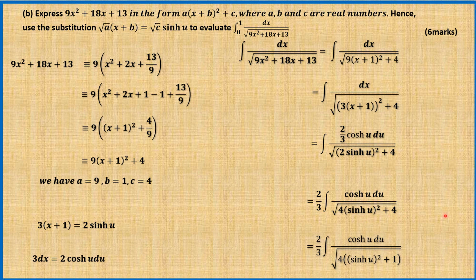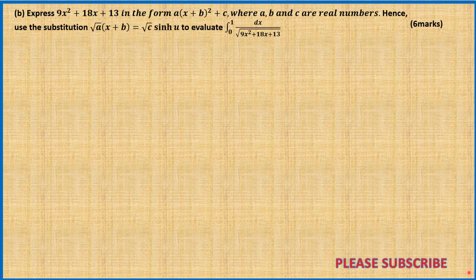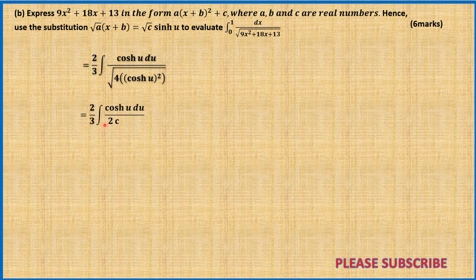So we're going to replace that one now by cosh squared. And when you take the square root of this, the 2 will just give us that, and the square will just disappear.